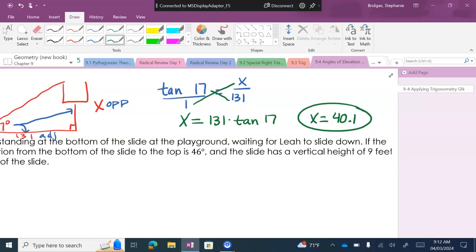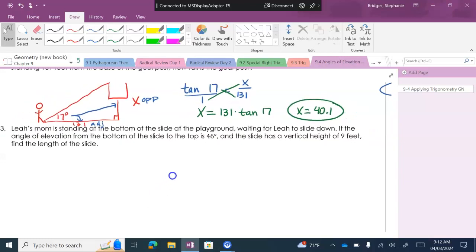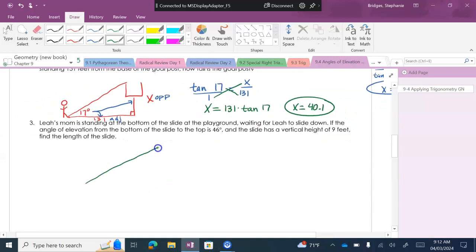Think about a slide. Okay, not a fancy slide, just a regular old slide. Think about a slide. What shape does that form technically? A triangle, okay.